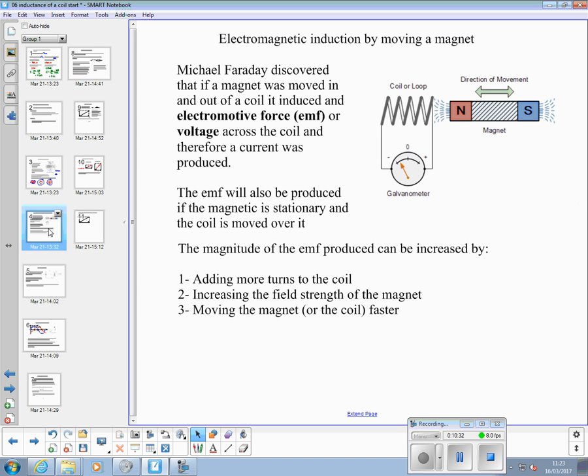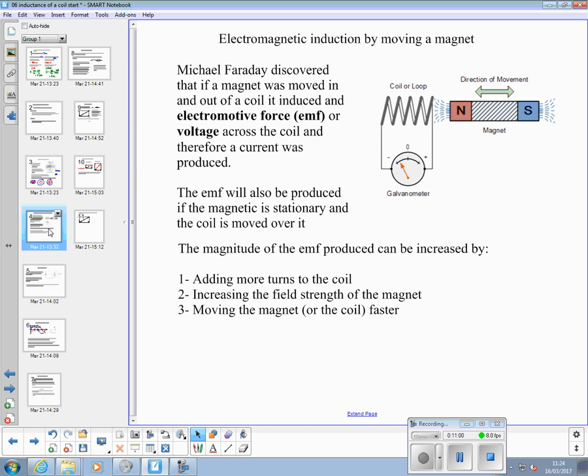On this page, Michael Faraday discovered that if a magnet was moved in and out of a coil, it induced an electromotive force, EMF, or voltage across the coil, and therefore a current was produced. So if we take this bar magnet and we move it inside that coil, we'll induce a voltage in one direction. If we take the magnet out, we'll produce a voltage in the other direction.